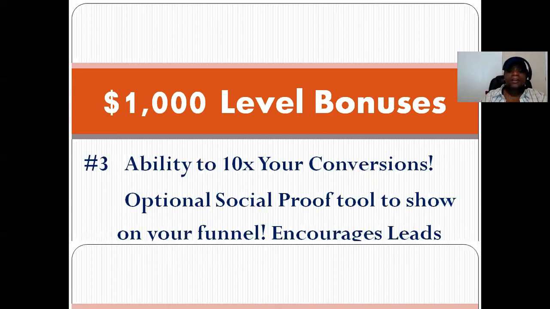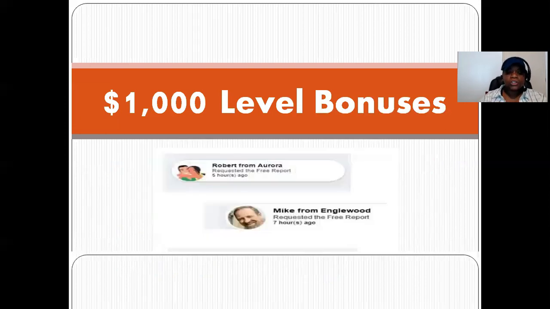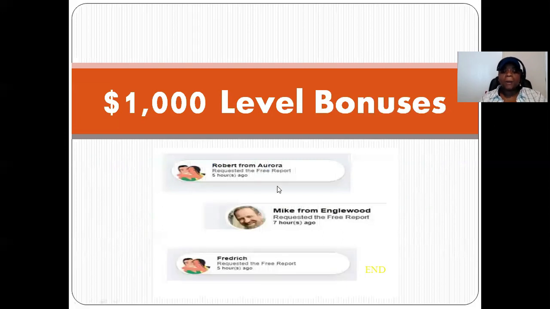All right. And also, you're going to get access to a social proof tool if you so choose. If you're using our team funnel, you're going to be able to have access to a social proof tool to help you increase your conversions, right? If you don't know what a social proof tool is, let me just show you. You've probably seen these pop-ups before.